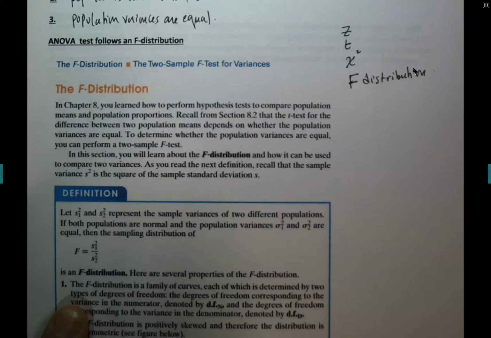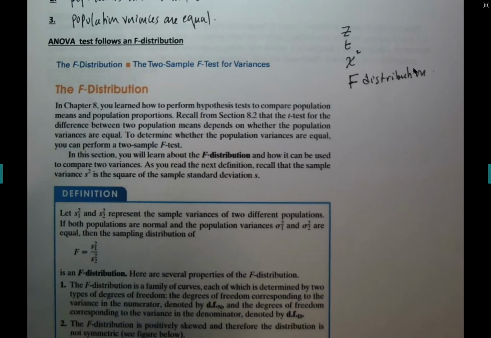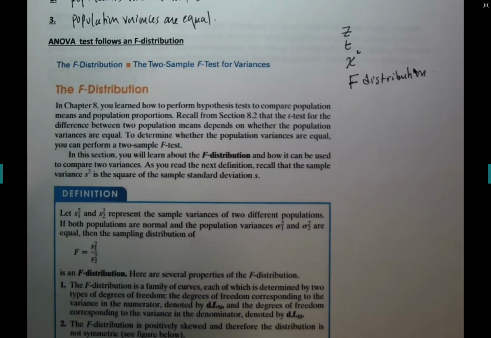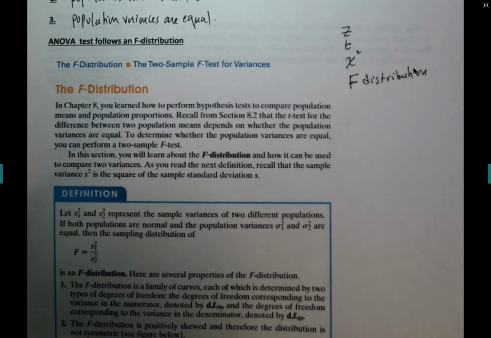The F distribution is a family of curves. It changes with the degrees of freedom. It has 2 degrees of freedom, one for the numerator and one for the denominator, because the formula of F is S1 squared over S2 squared, so it has a numerator and denominator. The shape of the curve changes with the degrees of freedom of the numerator and denominator. It is skewed to the right, just like the chi-square distribution, so it's not symmetric and not bell-shaped.